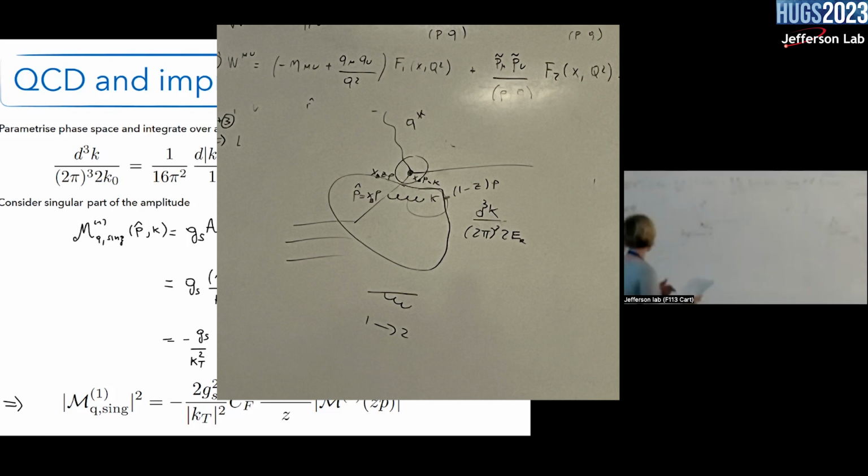So I already have the phase space of this and that, but now I have to add the phase space of the emitted gluon. So I have to add d3k over (2π)^3 2E_k, the usual phase space of the particle. Very good.